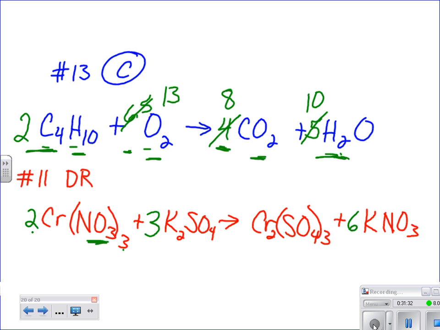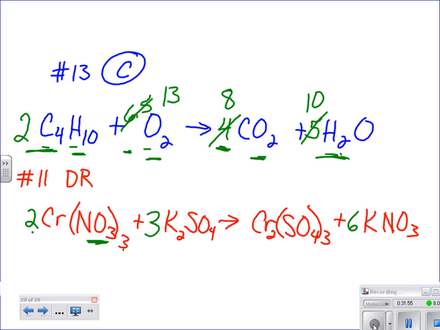So we could go back through, and I encourage you to do this. Go back through, double check, and count them. Again, if you counted individual atoms, it will all add up. But if you can keep your polyatomic ions intact, I encourage you to do so because it makes it so much easier. Also, let's say you got to the point where you are trying to balance this and you're just about to scream and pull your hair out.